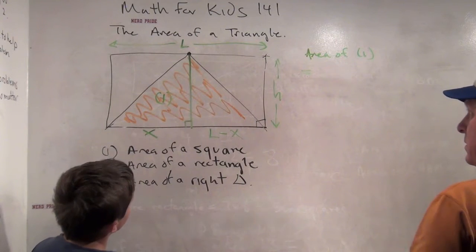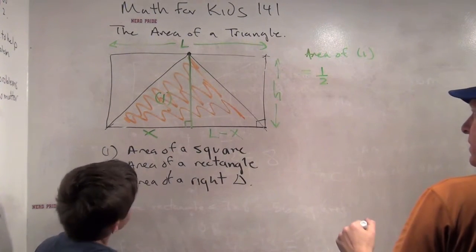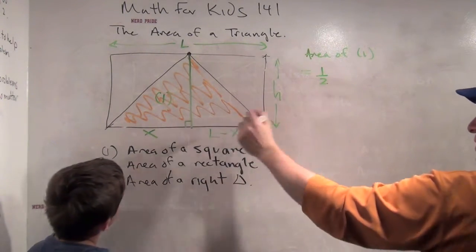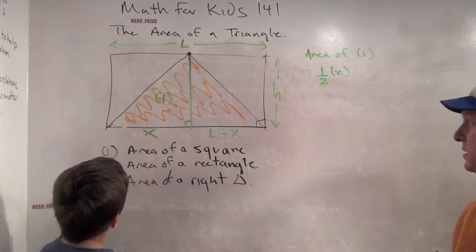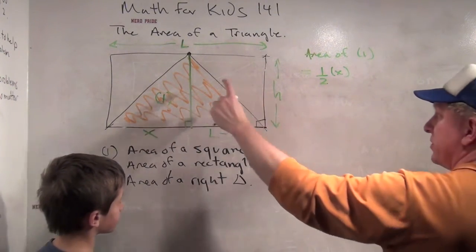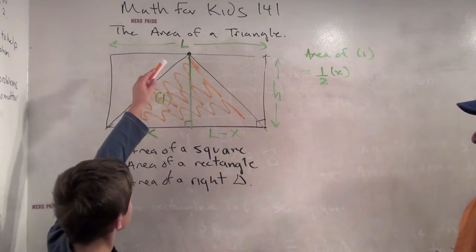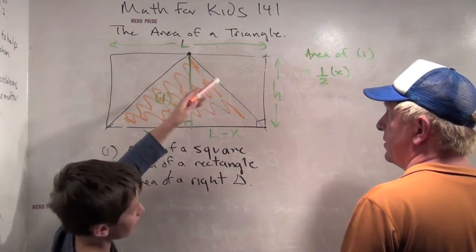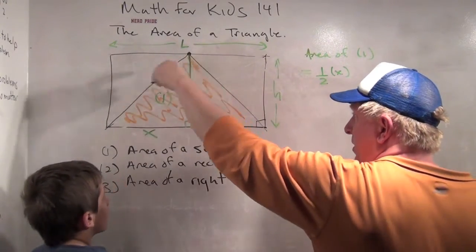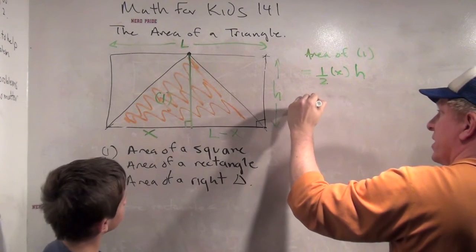It's 1/2 times base times height. Okay, so what's the length of the base of this right triangle? X. And what's the height? The height is H. How do I know this height is the same as this height over here? Because you dropped it down from the high point, which is the same. Right, it's a rectangle, so the high point is always the same. 1/2 X times H.